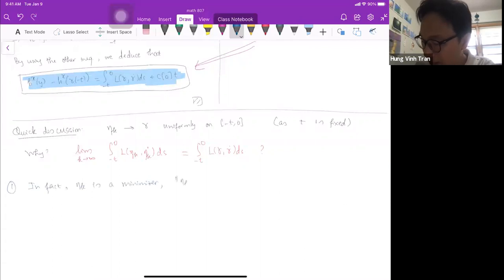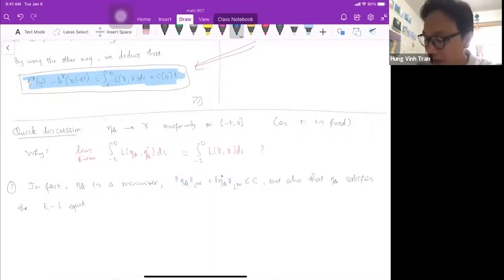We surely have that the sup norm of eta k plus the sup norm of eta k dot is bounded. Okay, that's not a big deal. But also that eta k satisfies the Euler-Lagrange equation, right?